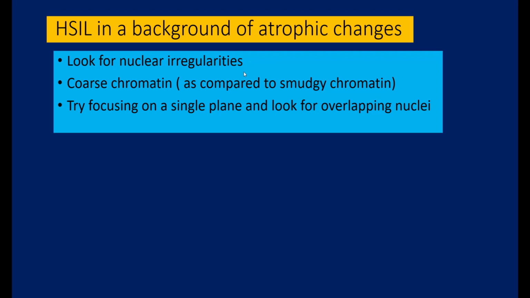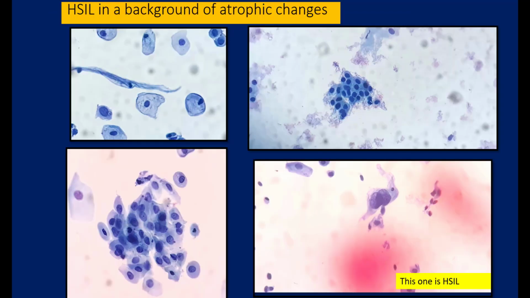The other thing which helps in aggregates is the presence of abnormal polarization of cells at times. However, this is what has been taught. I'm going to show you a number of cases where classic atrophic changes show that the nuclear polarization is not that good. So let's look at this one. Here we have a case which is an atrophic smear.